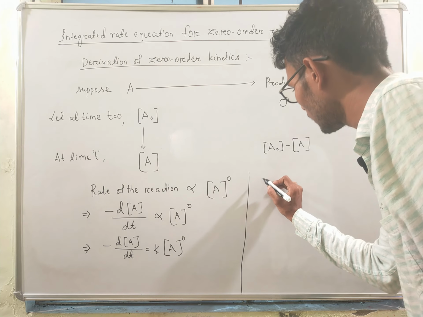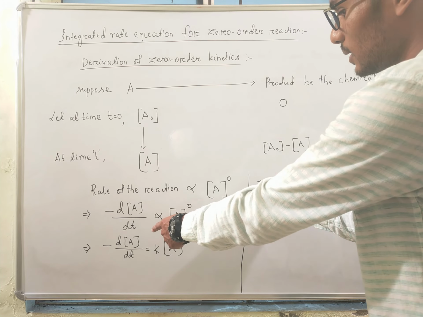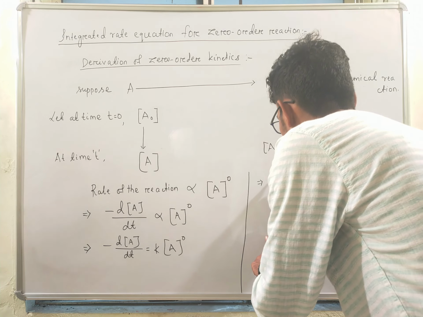This equation will become minus dA by dt equal to k.